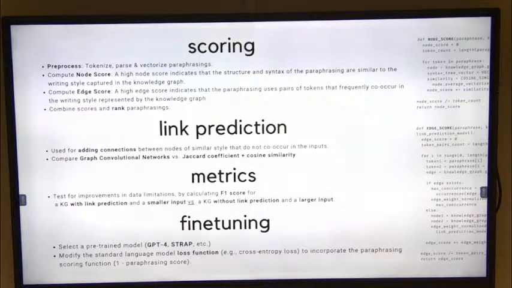And then after that, we would fine-tune a selected pre-trained model such as GPT-4 or STRAP. STRAP is used for paraphrasing, and we modify their loss function to incorporate the paraphrasing score and then train it on that.